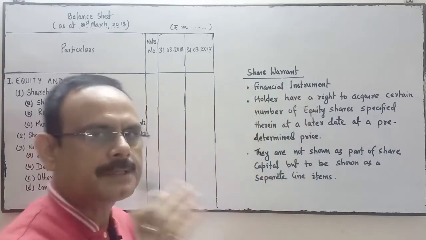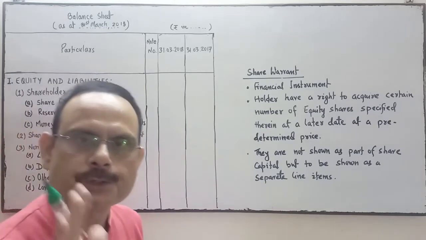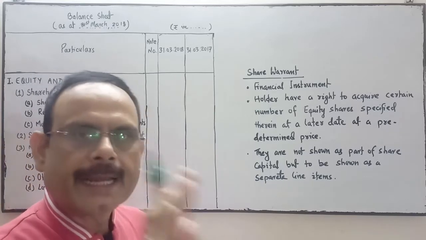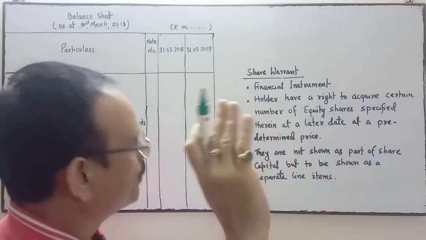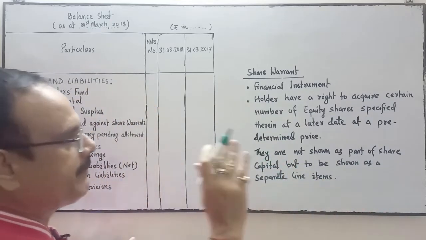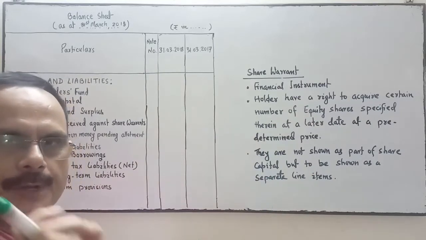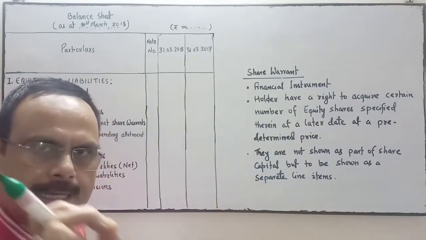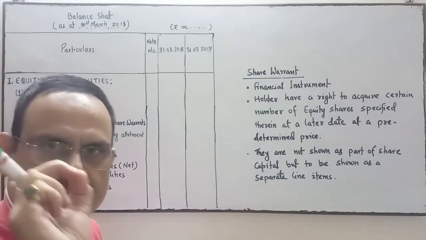Just understand that a share warrant is a financial instrument issued by a public company which gives the right to the holder of the share warrants. What right is given? To acquire a certain number of equity shares at a predetermined price after a specified period.